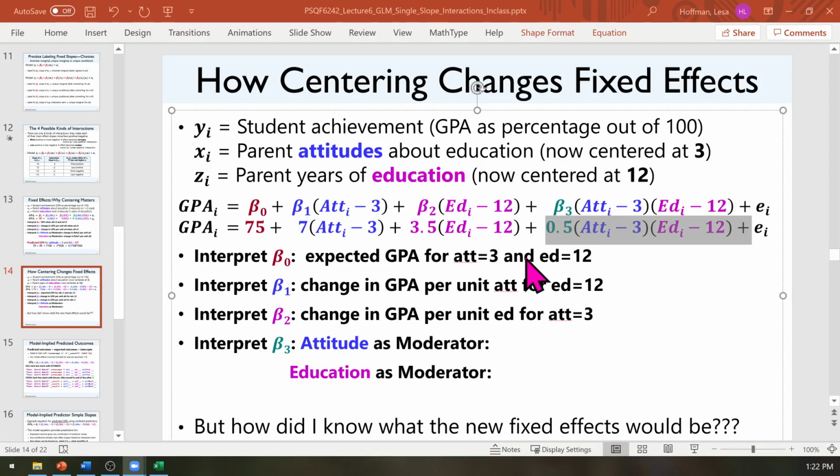Trust me. Interaction terms, it's the thing. This interaction term is a unique effect because it's controlling for all the other stuff in the model, but it is unconditional. And I know that because there are no other terms in the model that have both attitudes and education. There's only one instance of that combination. So another way of saying it is that education moderates the slope of attitudes the same for everybody.